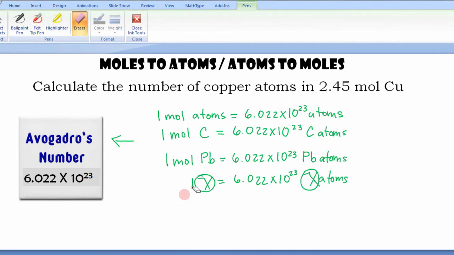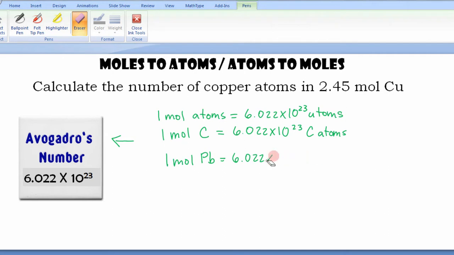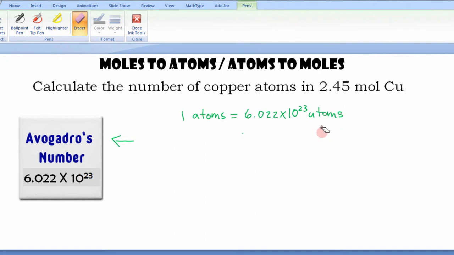So I'm going to use copper as an example. You don't have to worry about memorizing Avogadro's number because it will be given to you on the exam.